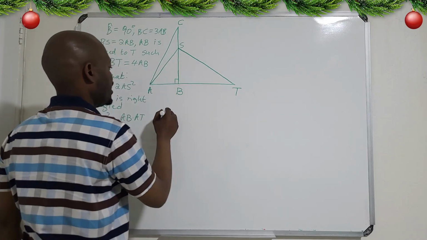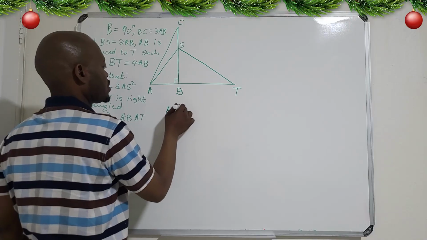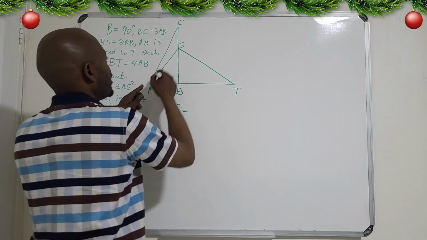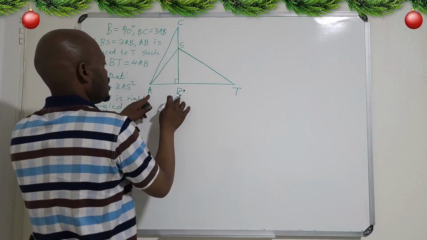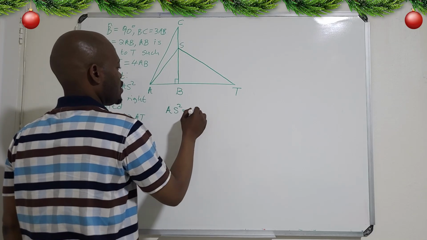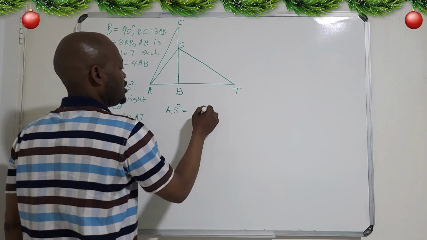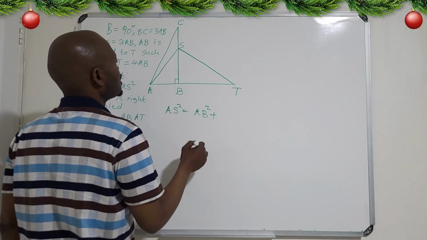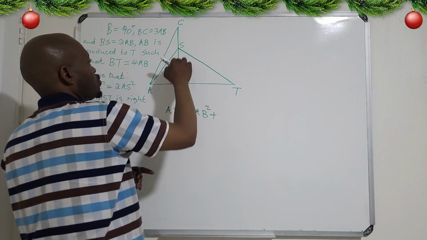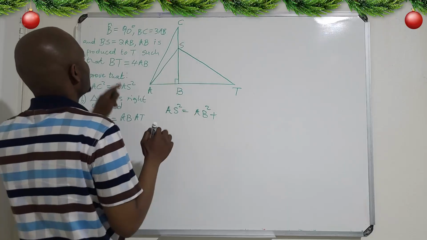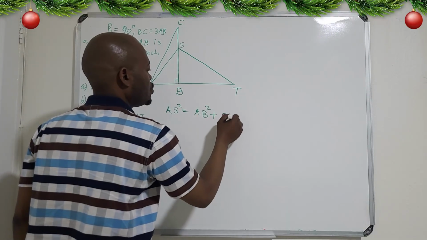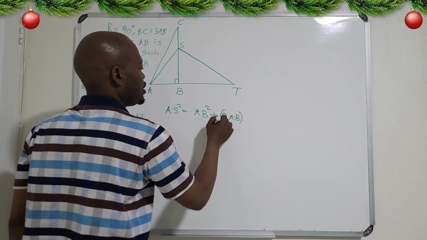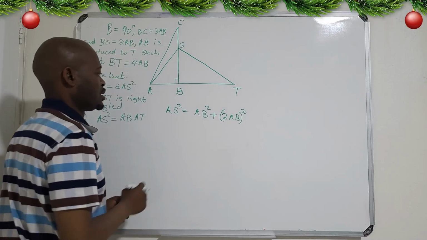Therefore, we can find AS. AS squared, which is the hypotenuse, the longest side, is going to be equal to AB squared plus BS squared, which is 2AB all squared.